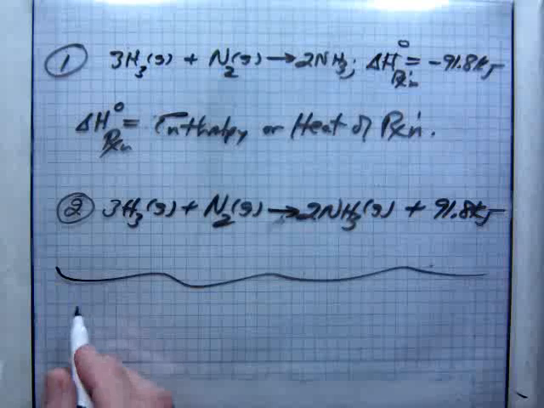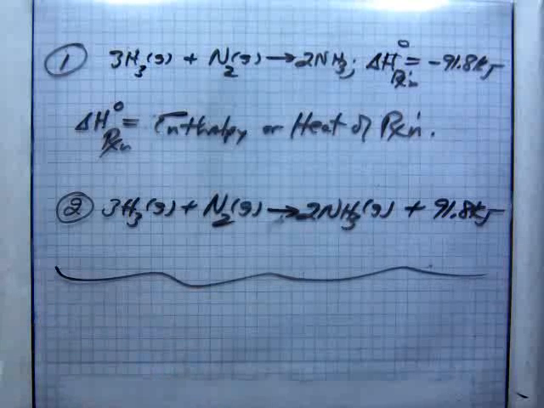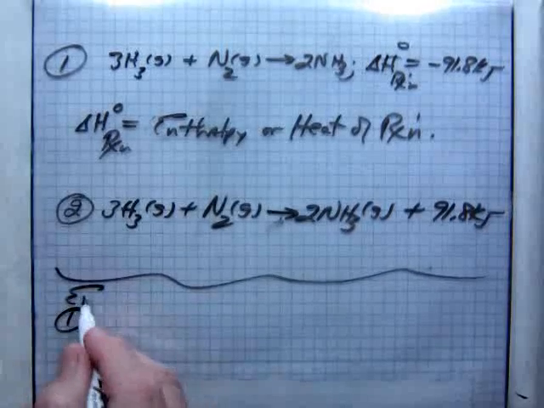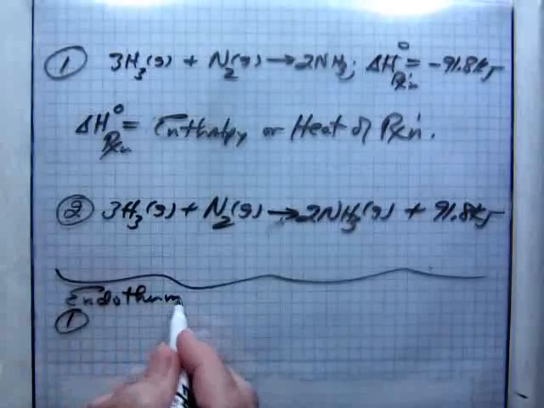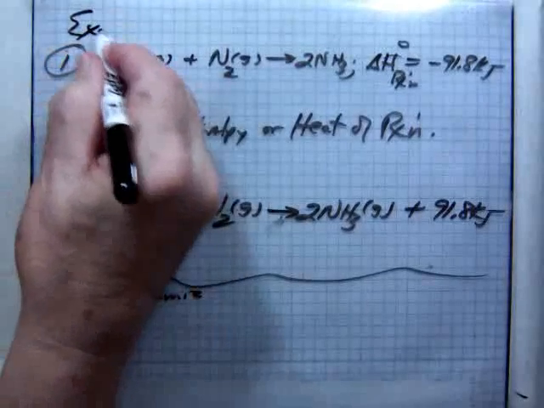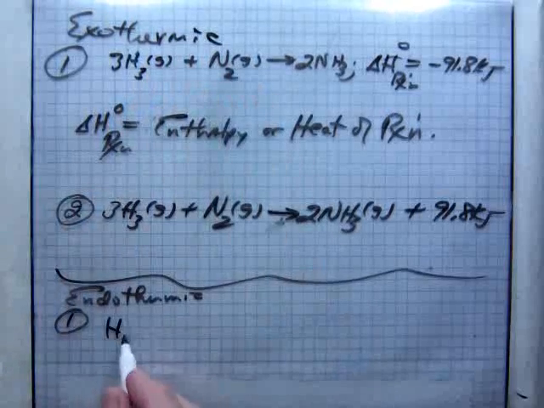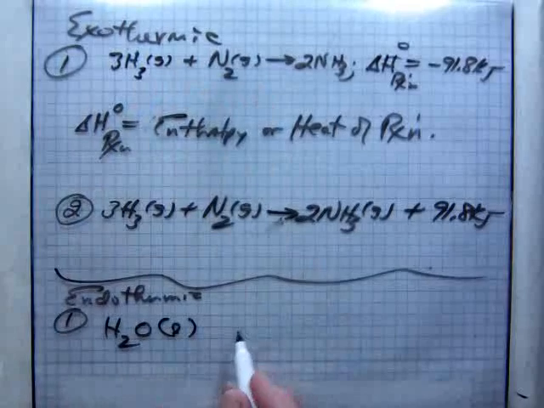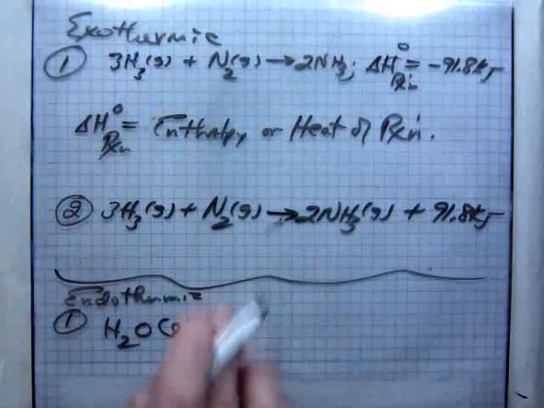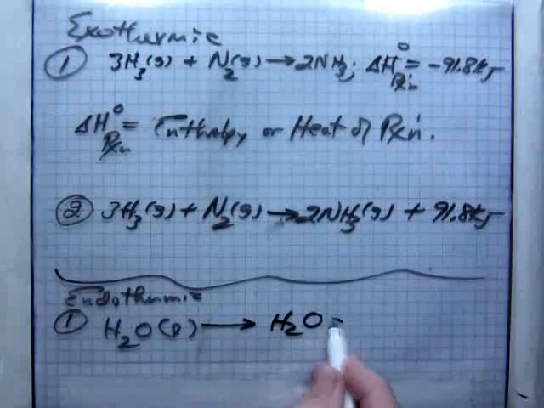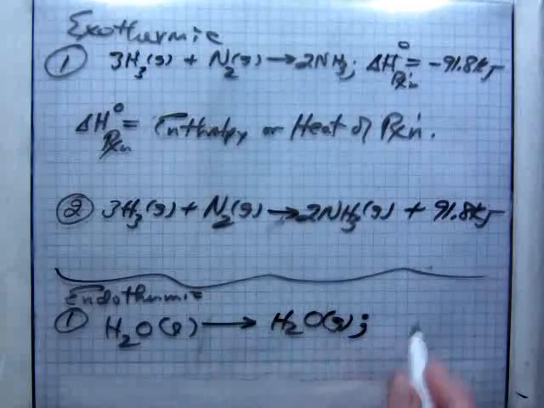For endothermic reactions, you have the same idea, but the delta H is positive or it's incorporated in the reactant side. For example, this is H2O. Evaporation of water going from a liquid phase to the gas phase requires input of energy. So we put that detached in this form.